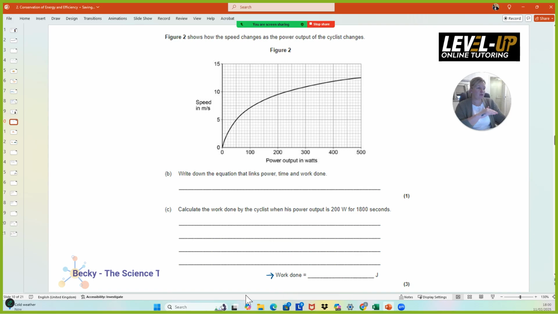The numbers are there for us, but we've got to rearrange it to get the answer. Okay, so don't worry too much about the equation at the moment because we've just been doing that, haven't we? Power equals the energy divided by the time. Or if you've written power equals work done divided by time, that's fine.